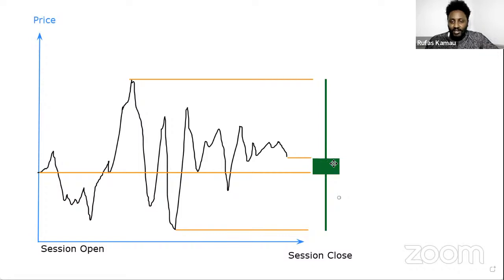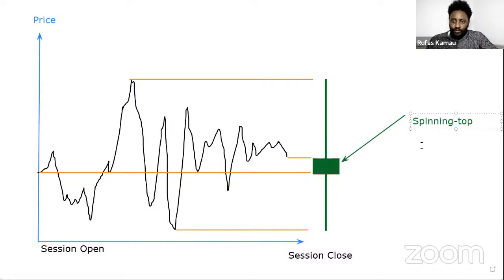The body is the solid part of the candlestick, whereas these are the tails, sometimes referred to as the shadows. This is generally taken as an indecision candlestick, basically implying that there was a lot of activity, but the win was not significant enough to establish a bias in the market. So this is what we call a spinning top candlestick.